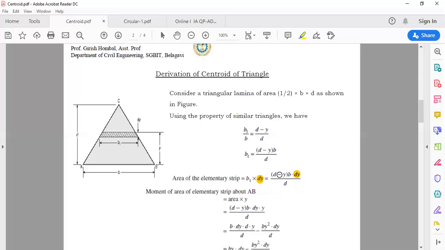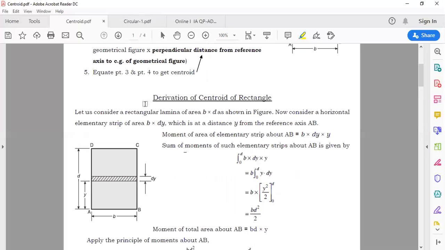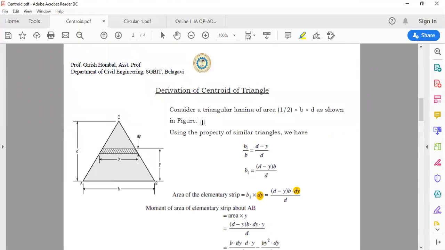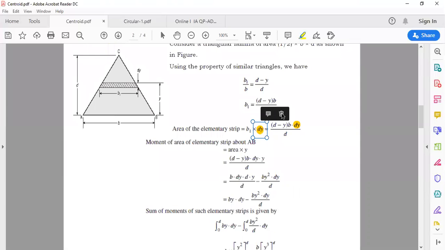So the second step is over. What is the third step? In the third step, you're supposed to convert that to moment of area of the whole figure. How do you do that? You're going to use this term and integrate it.